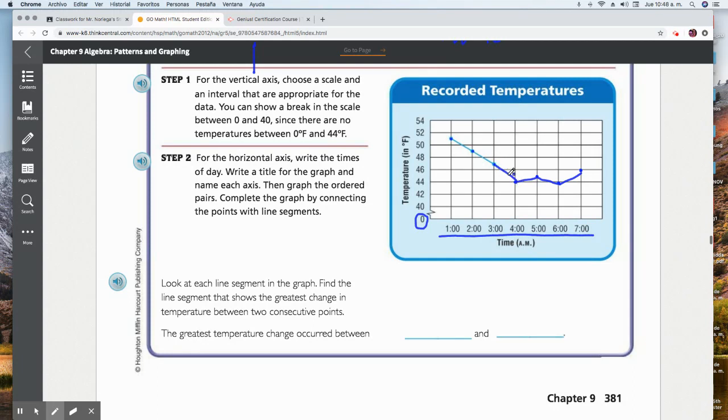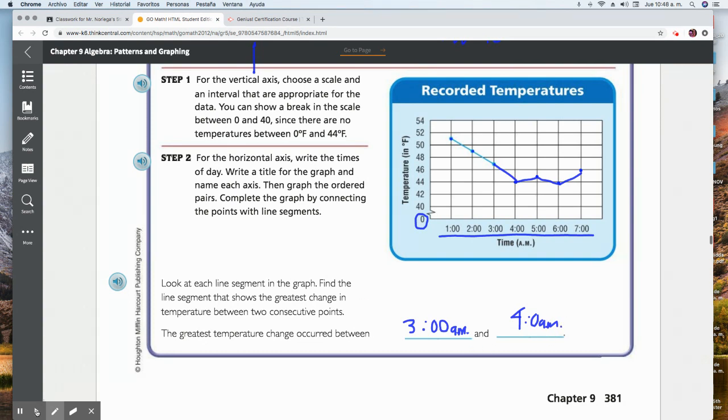Okay, so this line segment shows the greatest temperature change. So I'm going to write that the greatest temperature change happened between 3 a.m. and 4 a.m. Okay, between 3 a.m. and 4 a.m.